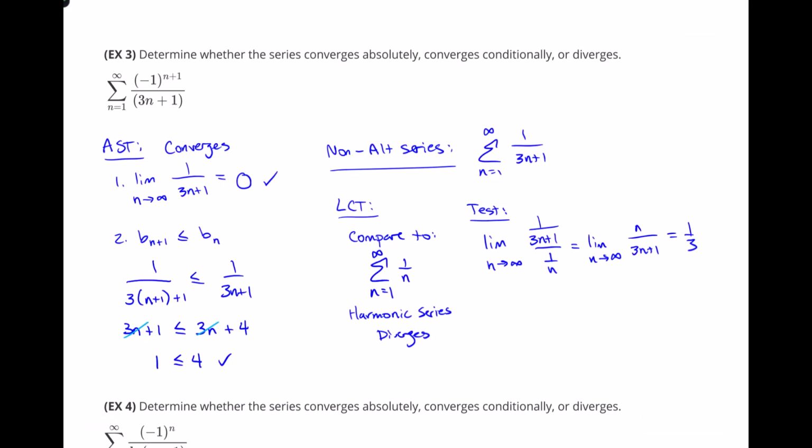So that is a real value, all right? It's not 0 or infinity. So that tells me that these two particular series are doing the same thing. So this series diverges by the limit comparison test. So the non-alternating diverges, but the alternating converges, so this is conditionally convergent.